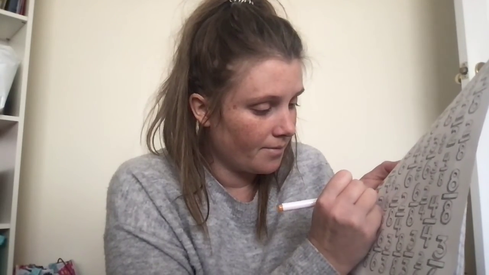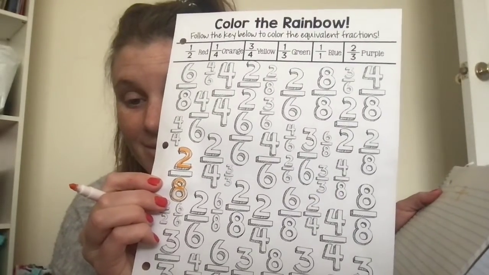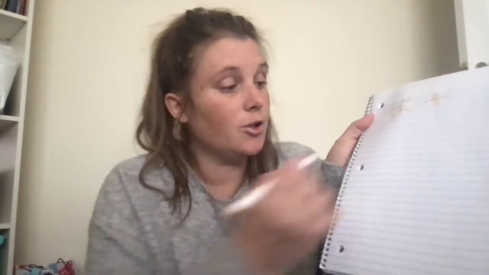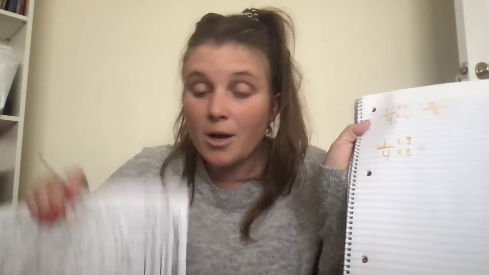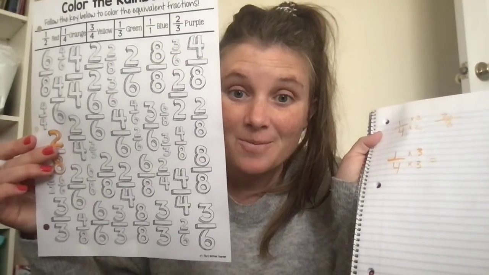I do. I'm going to color it orange. 2/8. So the next thing you'll do is 1/4 times 3 over 3. Okay? And you'll just keep going and finish your paper. Okay?